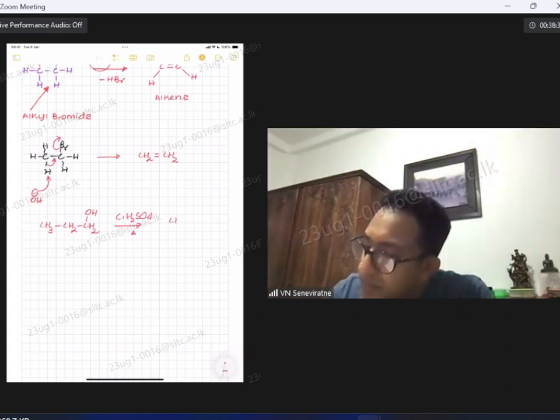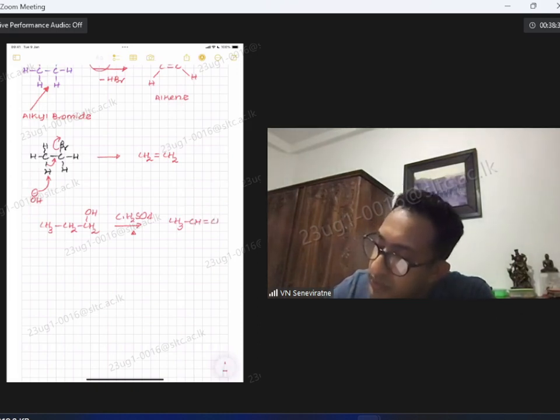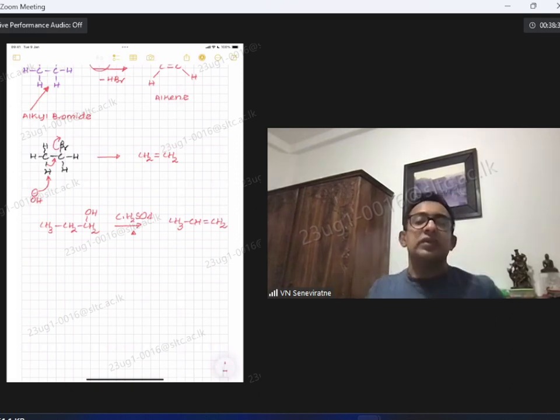And you get this compound. Can you see whether it's a substitution, elimination, or addition? What kind of a reaction is this? What is this reaction type?